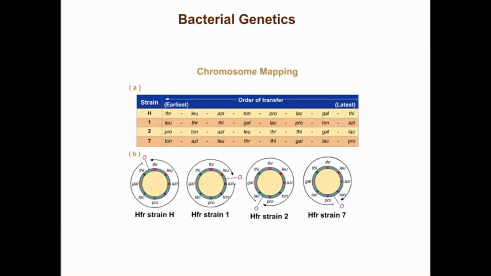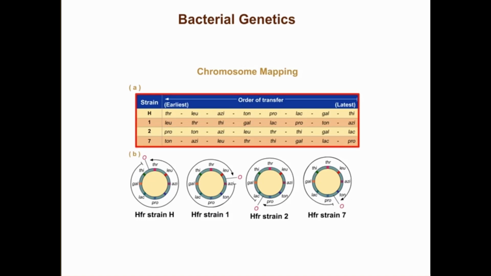Chromosome mapping. Evidence for the circularity of the bacterial chromosome came from using different HFR bacterial strains. Each strain gives different HFR linkage maps. During conjugation between HFR and F- cells, the position of the F factor determines the initial point of transfer.